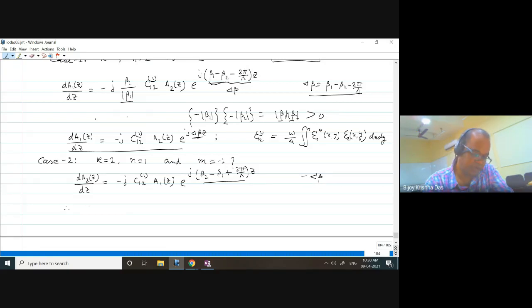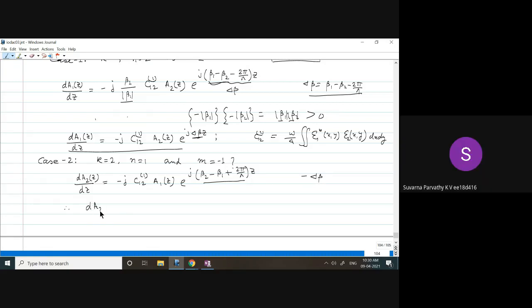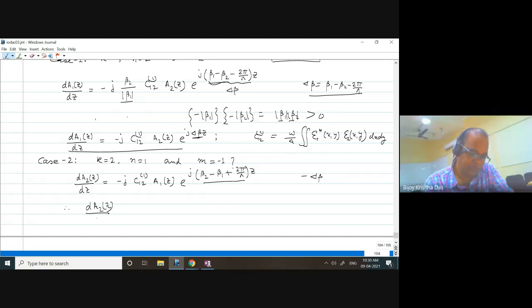So I can write another equation, dA2(z)/dz equal to minus j of C12. Oh, this would be, I think someone should correct me here, C21. I am making all sorts of mistakes here. So this should be C21, and this should also be C21 because it is the reverse direction.